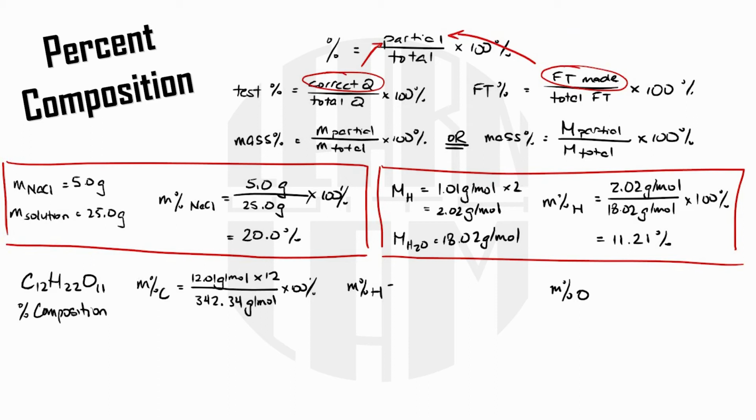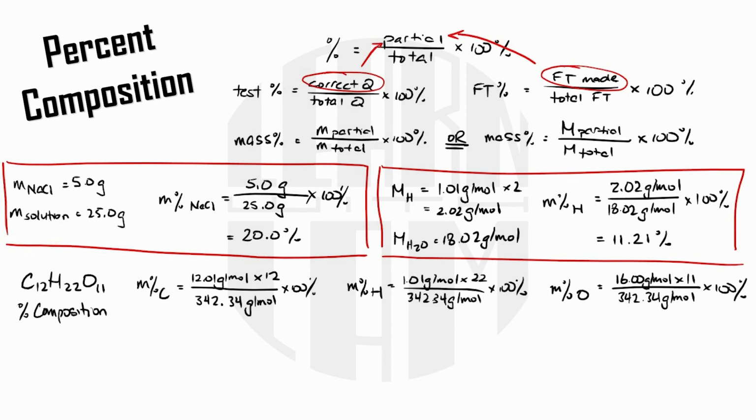For hydrogen, the equation is 1.01 grams per mole times 22, divided by 342.34 grams per mole, again, all times 100%. And for oxygen, the equation is 16.00 grams per mole times 11, divided by 342.34 grams per mole, all times 100%.